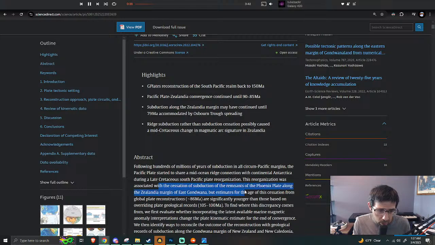Cessation of subduction of the Phoenix plate along the Zealandia margin.